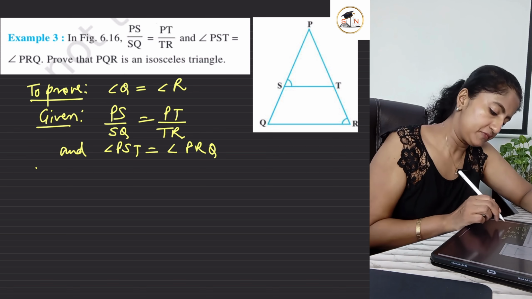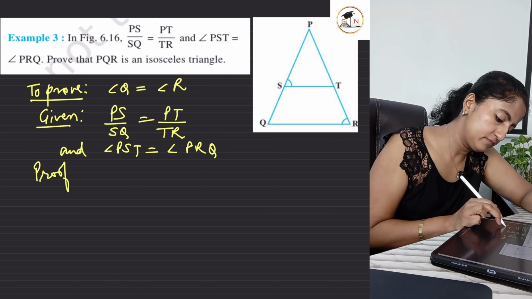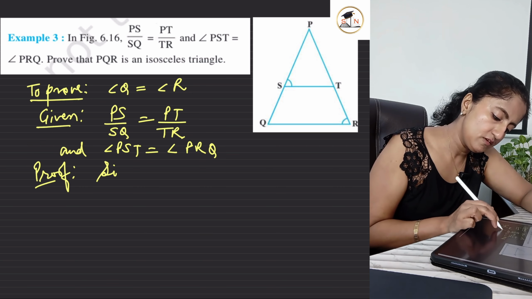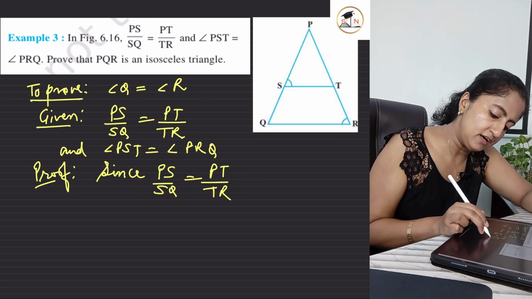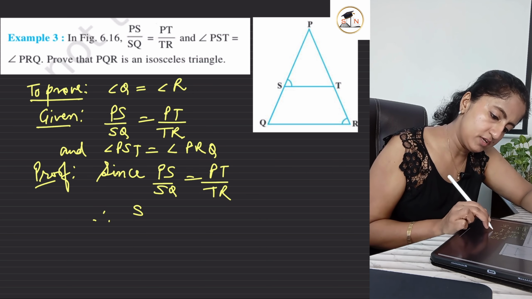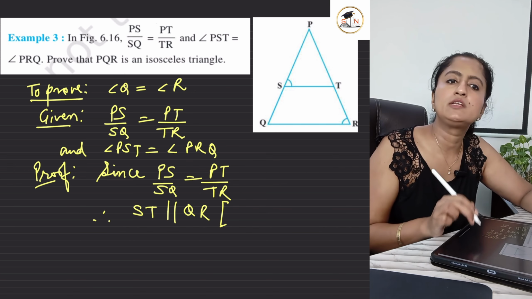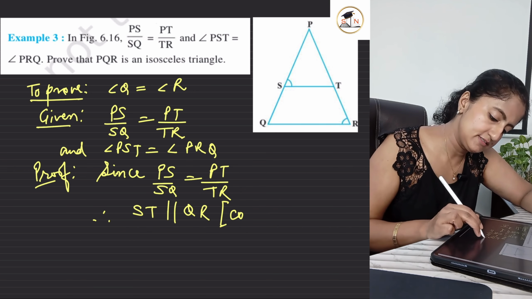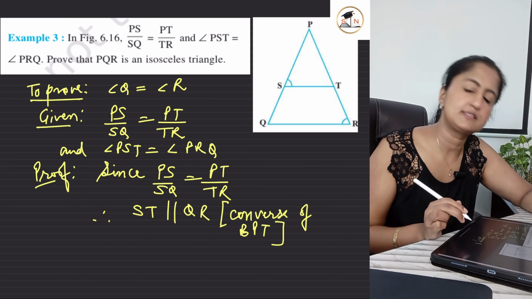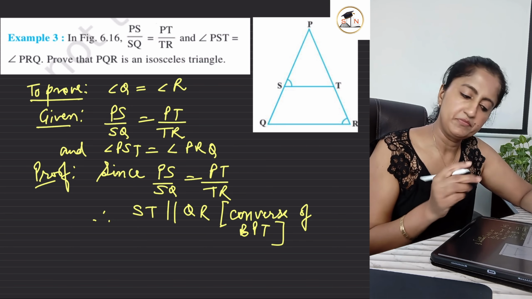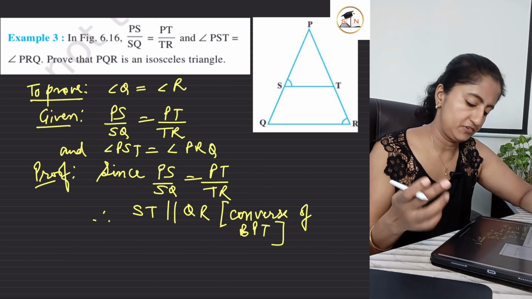So, starting with the proof over here, since PS over SQ equals PT over TR, therefore ST is parallel to QR, and the reason that is going to come in the brackets is converse of BPT. We got the sides parallel.